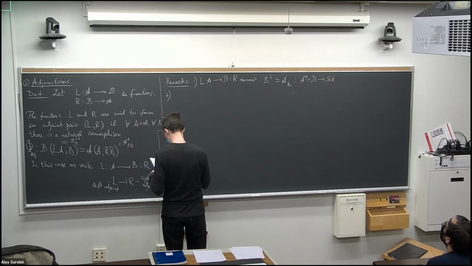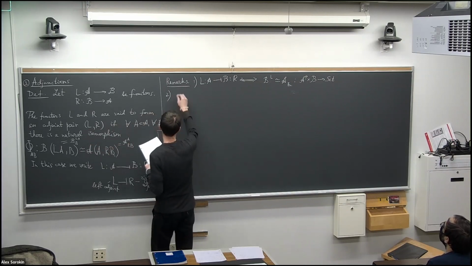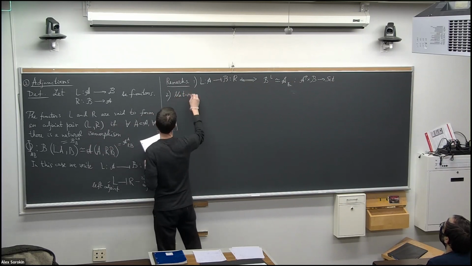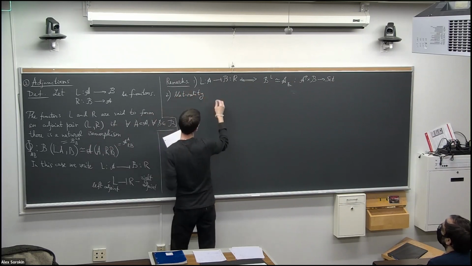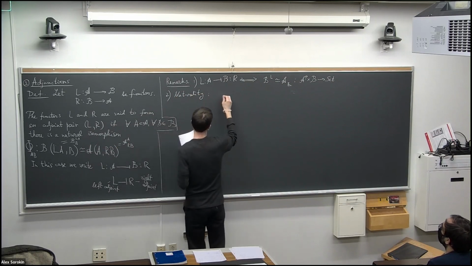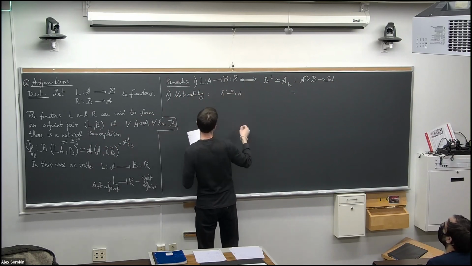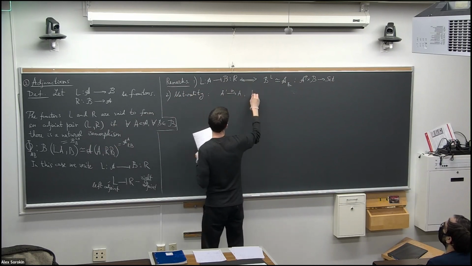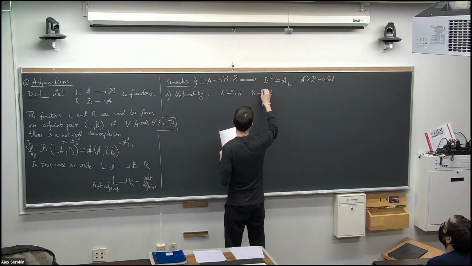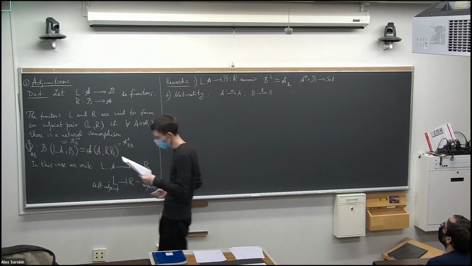Next, what is naturality? Naturality means the following: for any arrow from A prime to A, call it arrow a, and for any arrow from B to B prime, call it b, the following square commutes.